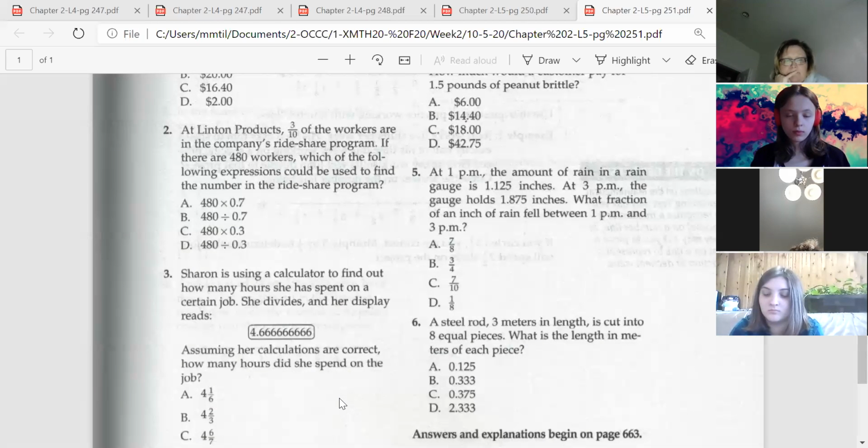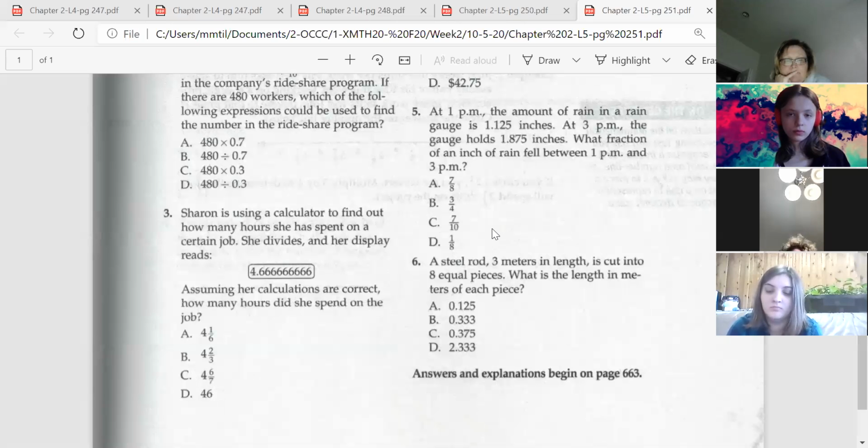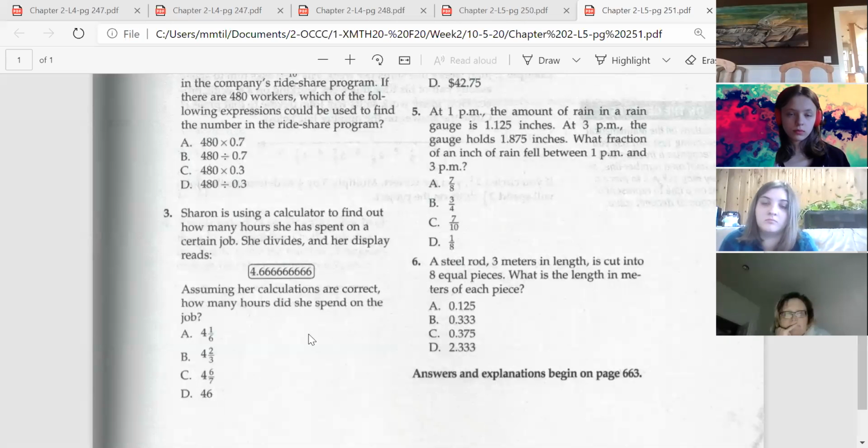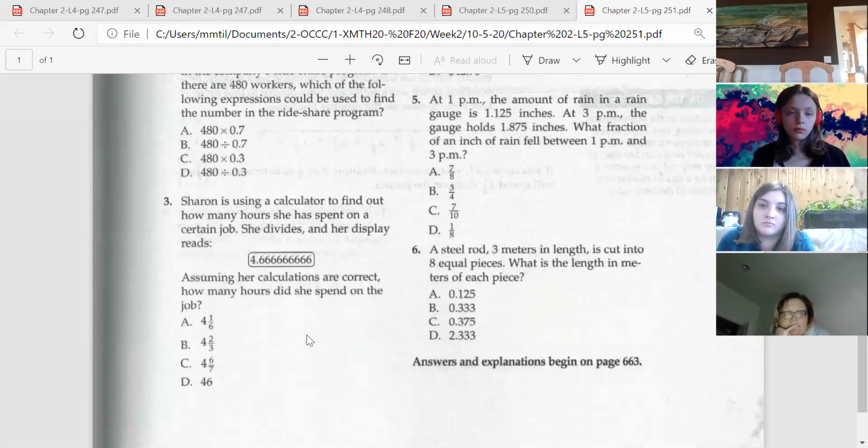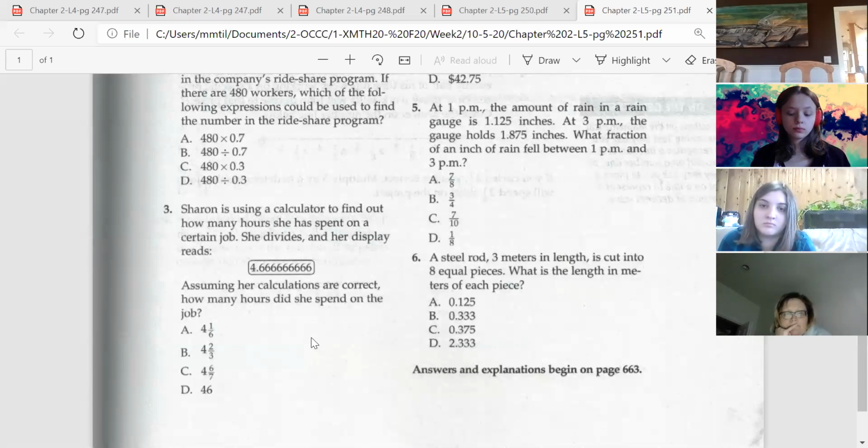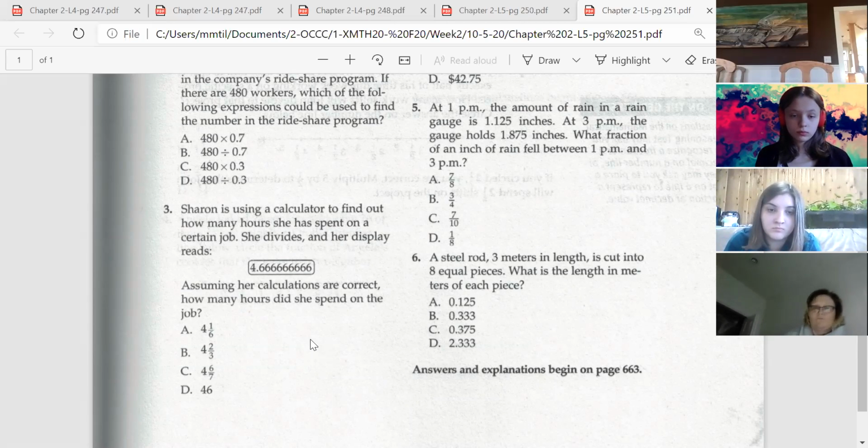Okay, look at number 3. Sharon, you can see my screen, right? I'm on page 251, and we're looking at number 3 here. Sharon is using a calculator to find out how many hours she has spent on a certain job. She divides and her display reads 4.66666. Assume her calculations are correct. How many hours did she spend on the job?